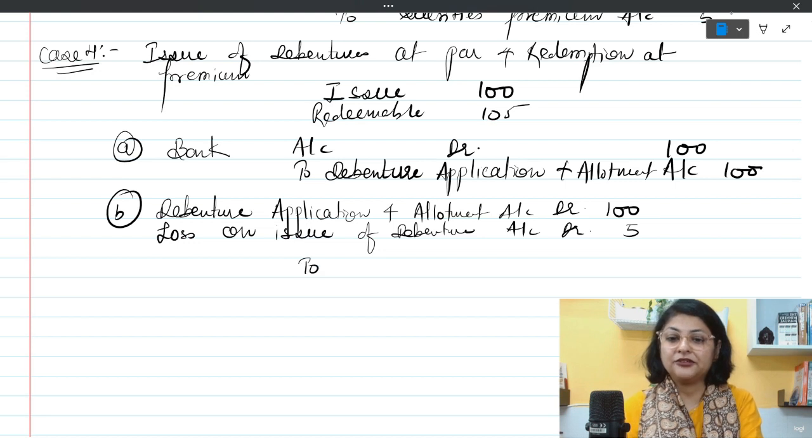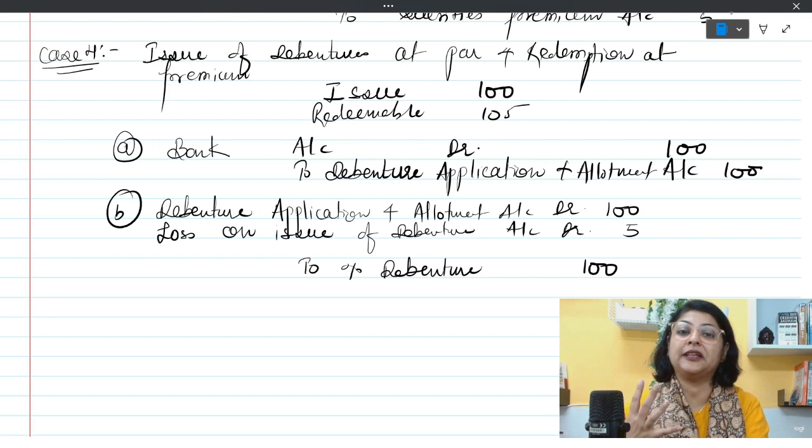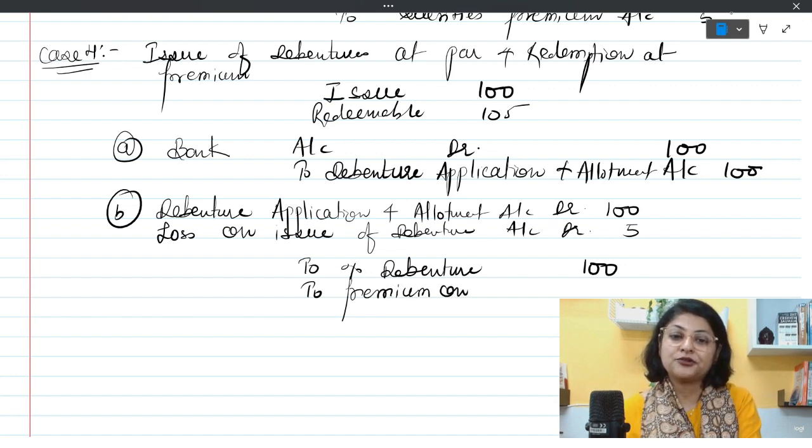Now when we write on the credit side, we will write percentage debenture. Then when you pay back this amount to the debenture holder, you will have to pay 5 rupees extra. So that liability is to be created right now. That liability is known as premium on redemption of debenture. So another account has to be opened, premium on redemption of debenture.